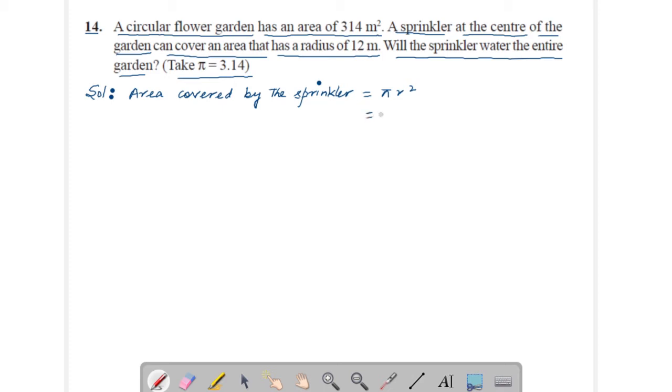Value of pi is 3.14 into radius, it is 12 meter, 12 into 12 meters square. Now solve this. You will get 452.16 meter square.